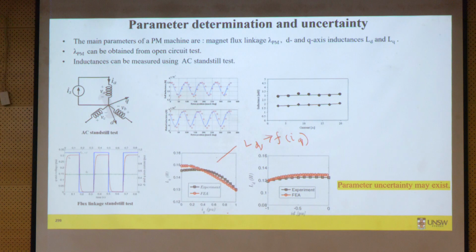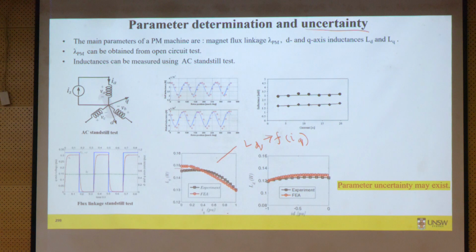But this still does not eliminate the uncertainty, because these measurements are usually done offline under some special conditions. So we cannot guarantee that the inductance varies the same way as we have measured offline.